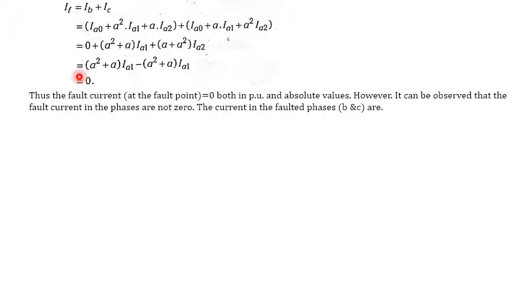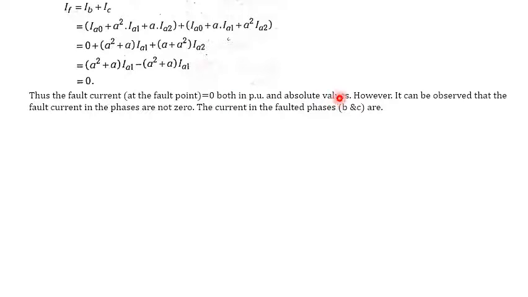So the fault current is going to be 0. Thus, the fault current is zero, both in per unit and absolute values.